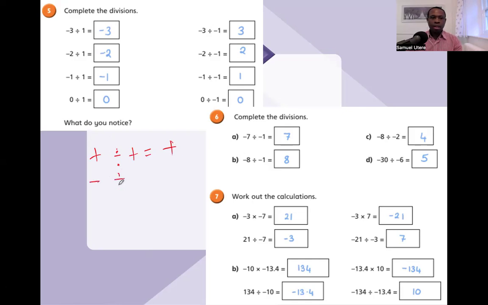Negative divided by negative will give you positive. Positive divided by negative will give you negative. Negative divided by positive will give you negative. So these are really important facts, and you would see these facts reflected in these results that we see here.